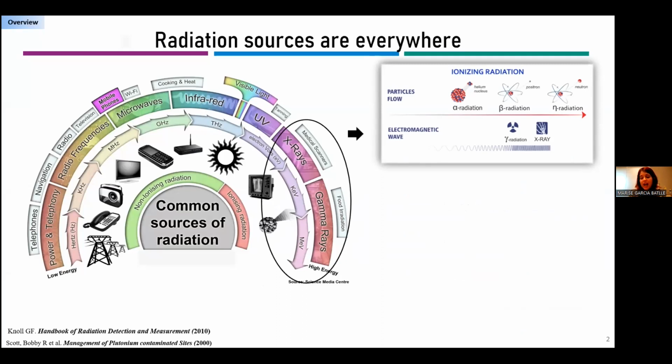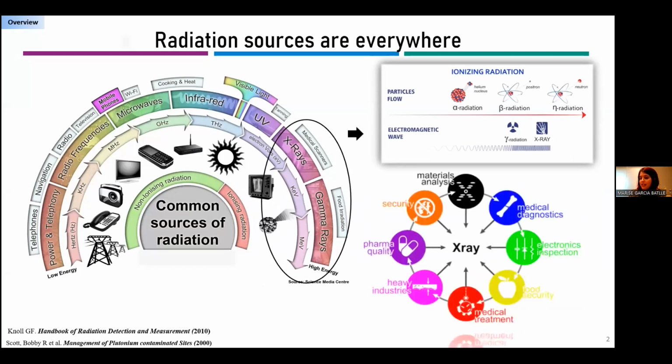But today, I will focus my attention only on ionizing radiation, because X-rays and gamma rays have many applications in medical diagnosis, medical treatment, security control at the airport, and many others. The application of X-rays and gamma rays, ionizing radiation, is quite extensive. And in order to use and apply these sources, we need to, of course, measure them.